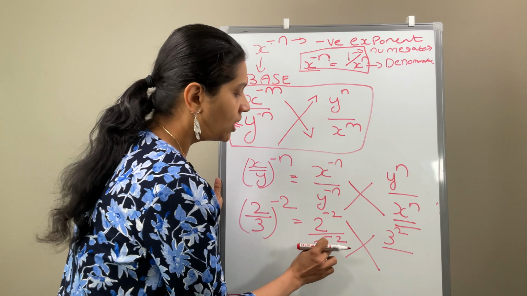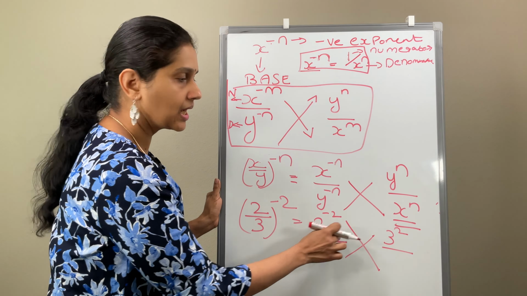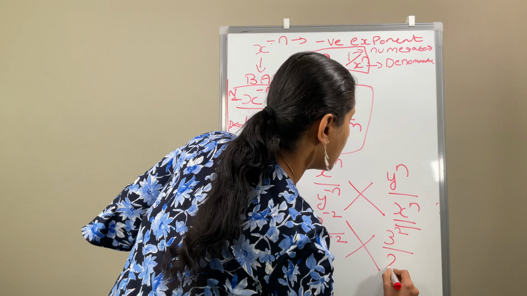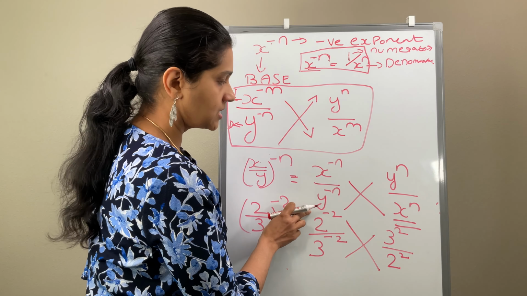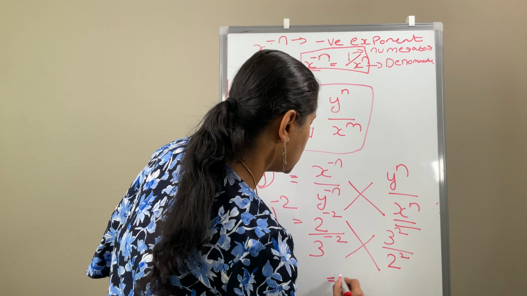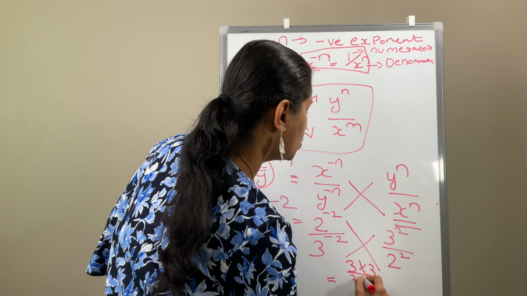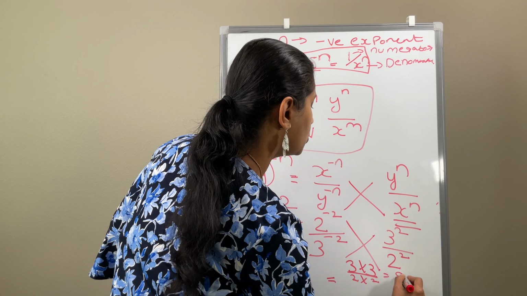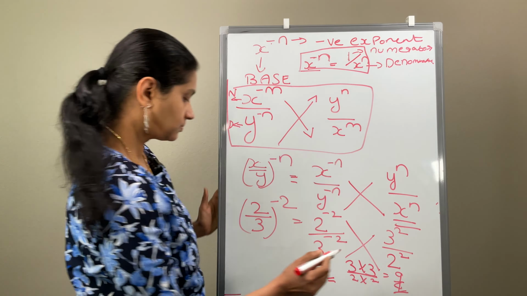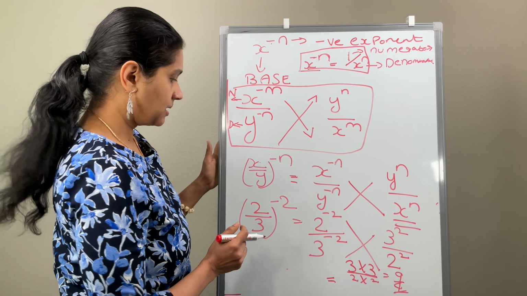As I told you, when the denominator becomes the numerator, the negative sign becomes positive sign. And 2 square. The numerator is becoming the denominator. So positive sign. This is equal to 3 times 3 by 2 times 2, which is equal to 9 by 4. That's it. So now we have seen 3 concepts basically.